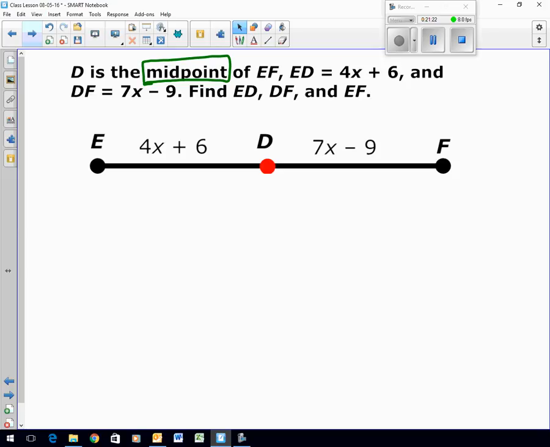And congruent means the same or equal, right? If D is the midpoint of EF, it means that E to D is congruent to D to F, which means this distance of 4x plus 6 equals 7x minus 9.